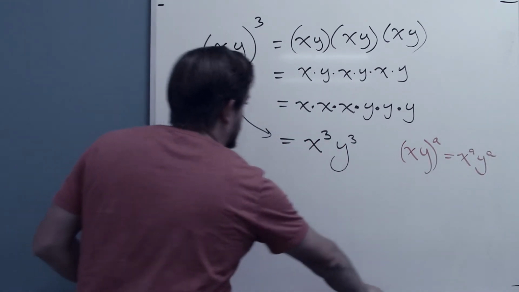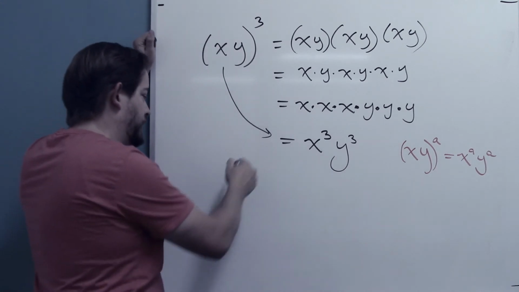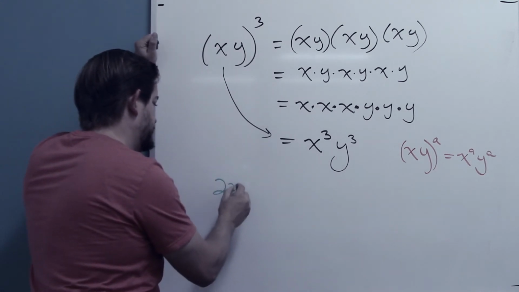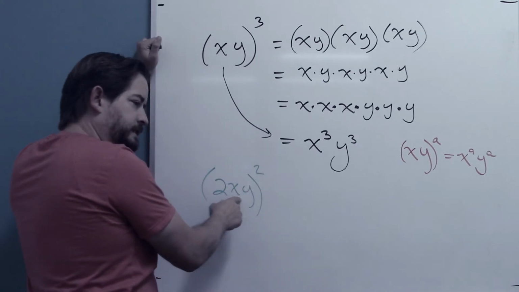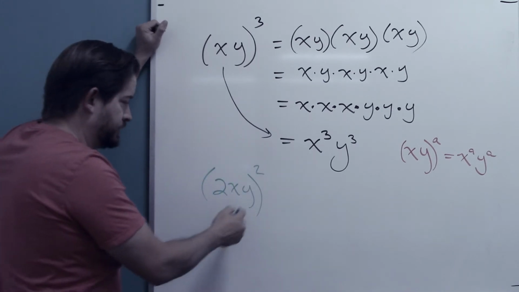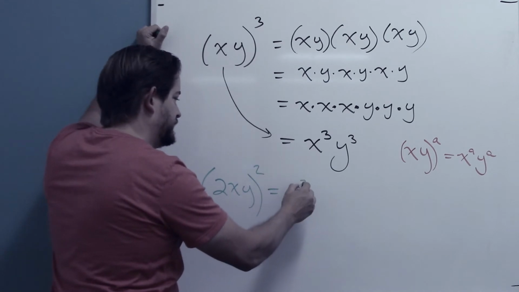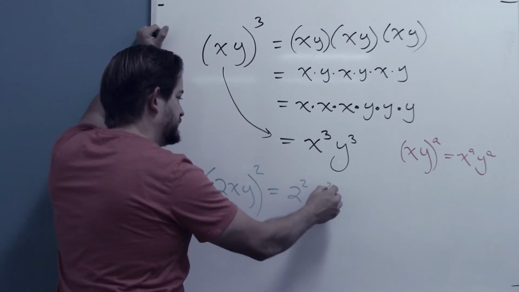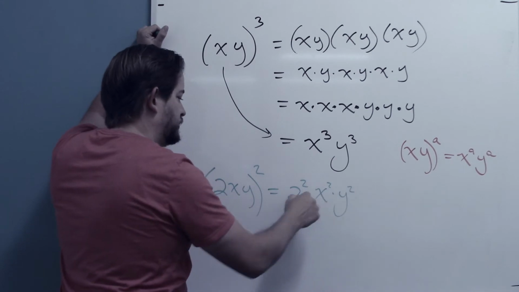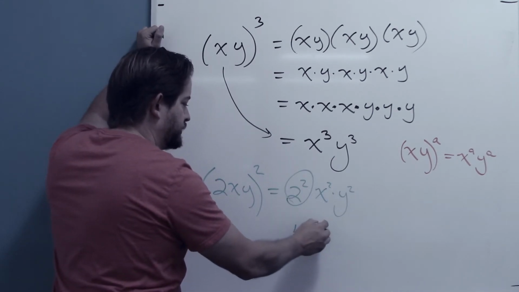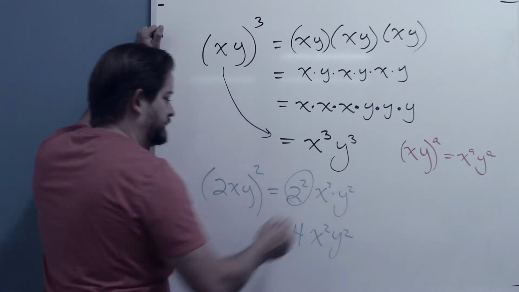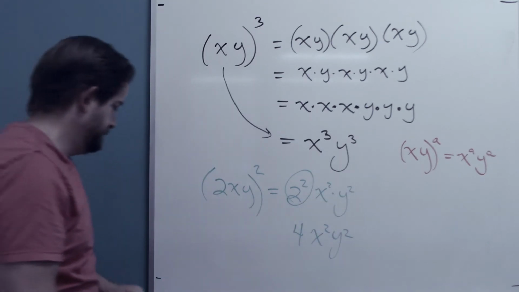I can see that in work here. Even if I have a number, say 2xy all squared, each one of these, including the 2 is a factor, so this becomes 2 squared times x squared times y squared, which I can evaluate. 2 squared is 4, so I have 4x squared y squared. Good.